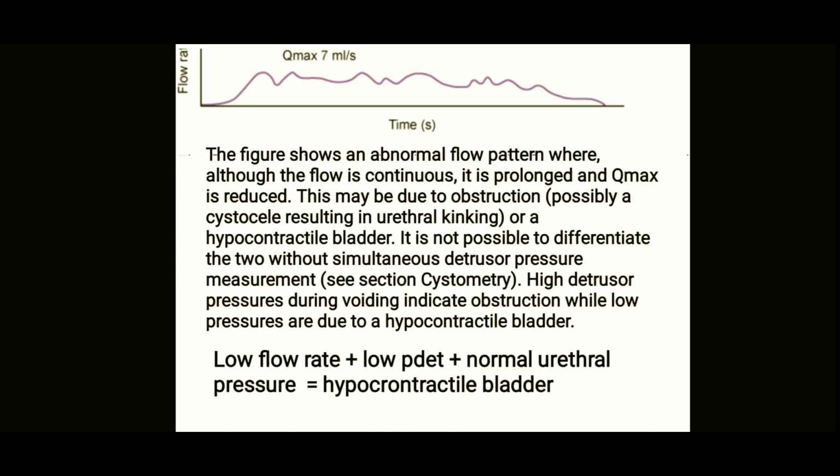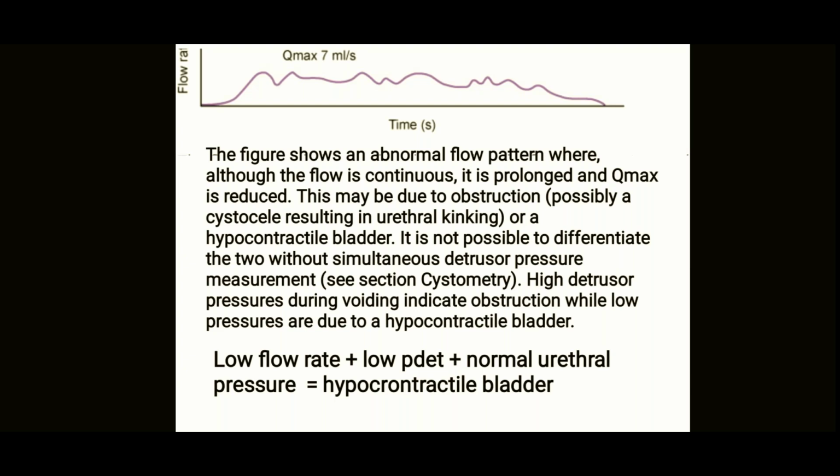So there is a formula which can help you to know whether the bladder is having a problem or it's the outlet problem. So generally remember that if there is a low flow rate, if there is a low P detrusor, that is, pressure of the detrusor is low, and there is a normal urethral pressure, that means the pressure profilometry is showing that the urethral pressure is normal, then it is a hypocontractile bladder.